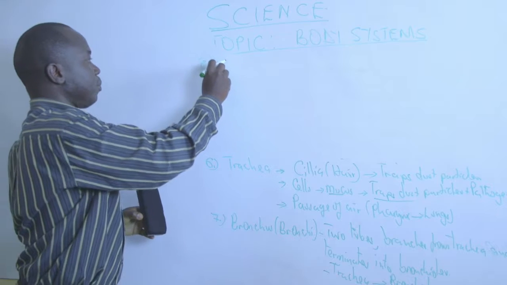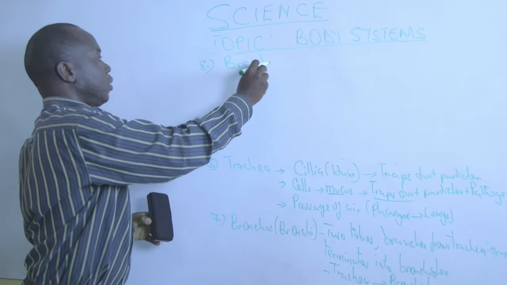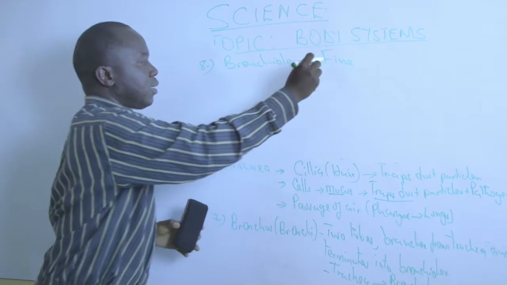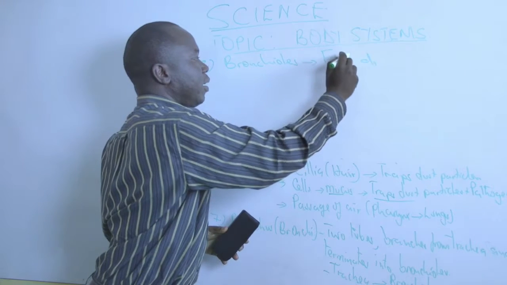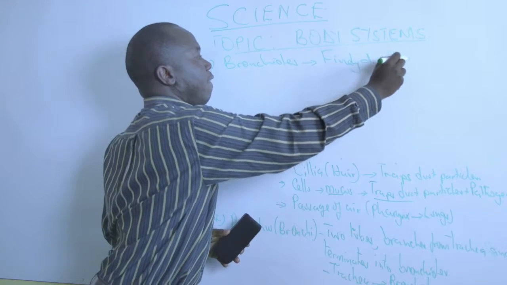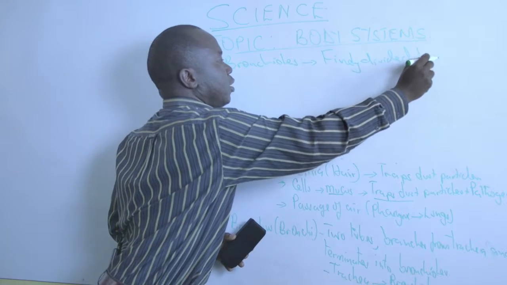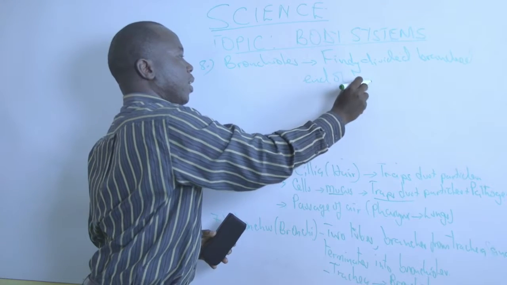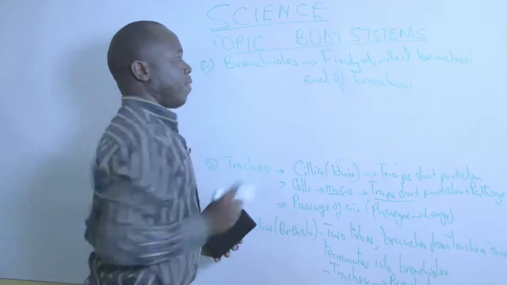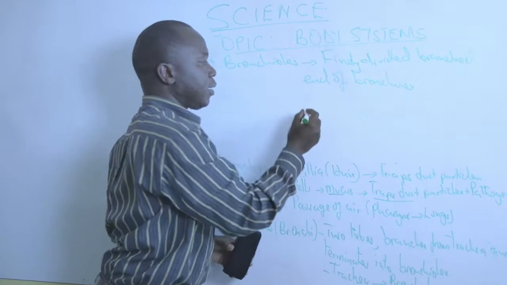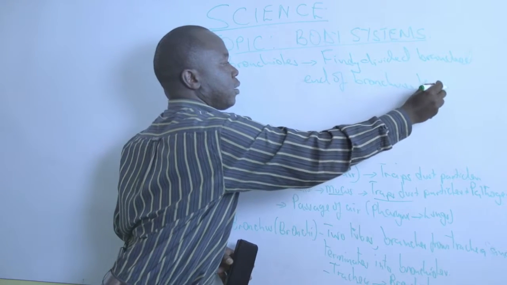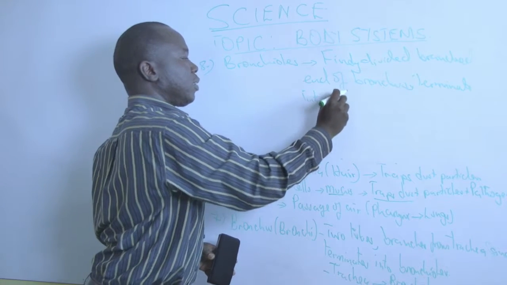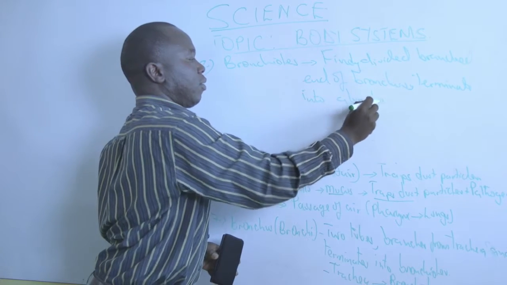Another part is the bronchioles. These are finely divided, branched ends of the bronchus. But again, they terminate into a structure called alveoli, or alveolus.